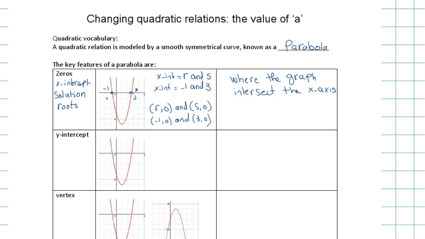You'll see that in different ways. If you write it as a point, you don't have to put x-intercept. Only when you're writing it as a value. Are we good with that?